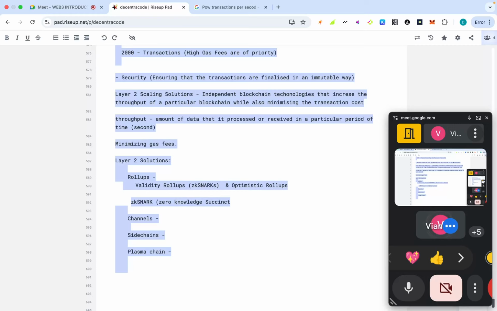Succinct, non-interactive, argument of knowledge.